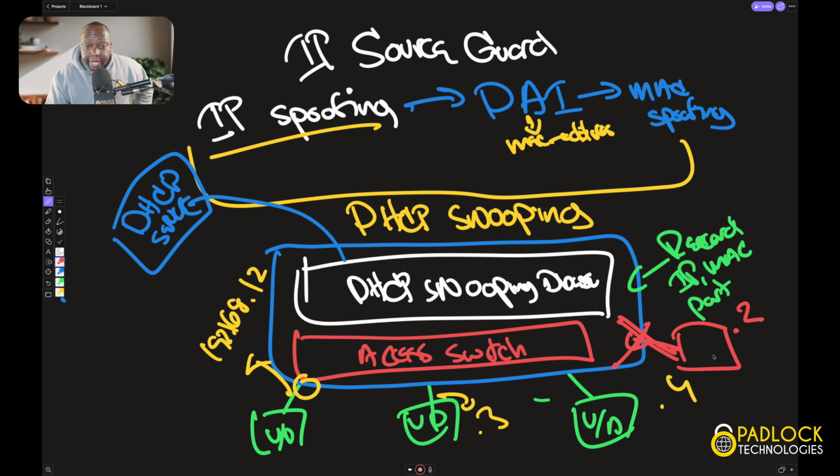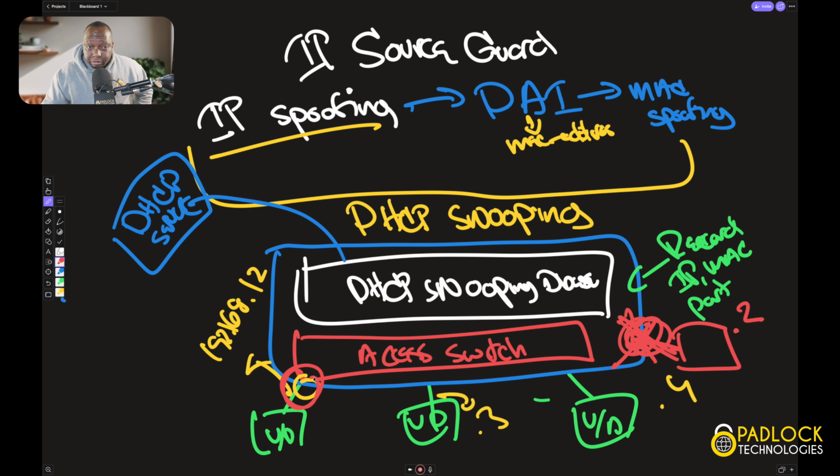So this is someone trying to spoof the address of this actual real machine that got on the network. Source guard prevents it from happening, and it will just drop the traffic because it knows from the DHCP snooping database that that IP address should not be seen on this port. It should be seen on this port here, which, based on the DHCP snooping database, should correlate and be correct.